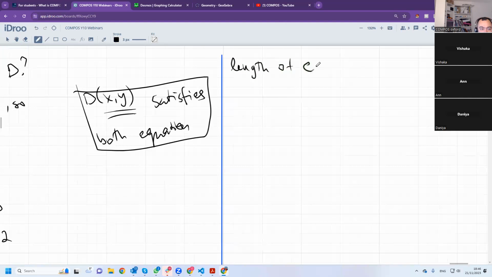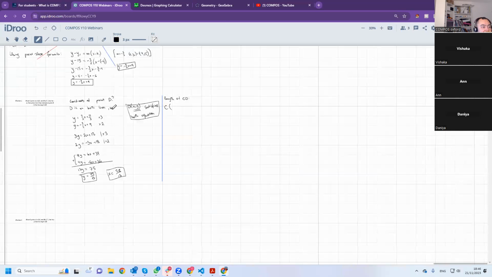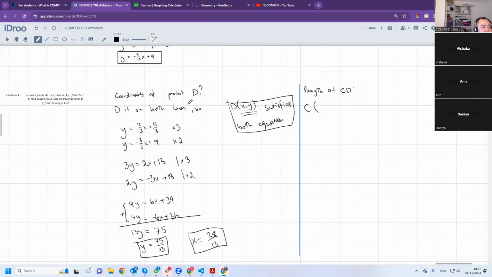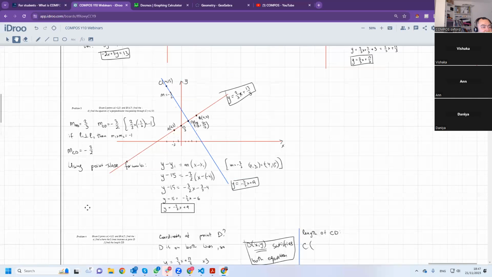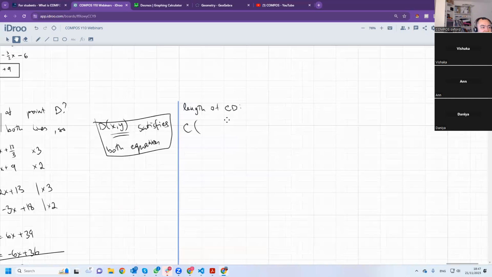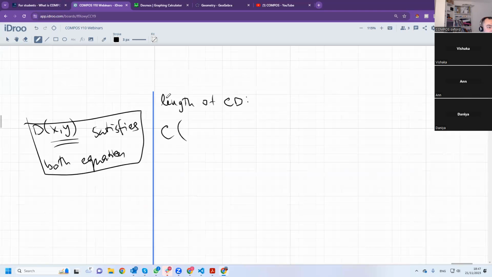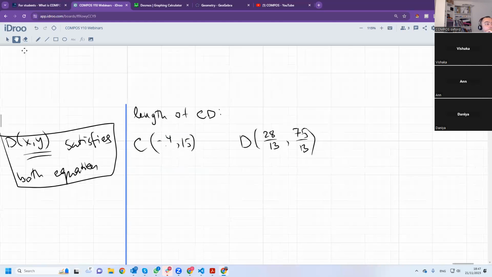C has coordinates minus 4, 15, I believe. And D has coordinates 28 13ths, comma 75 13ths.